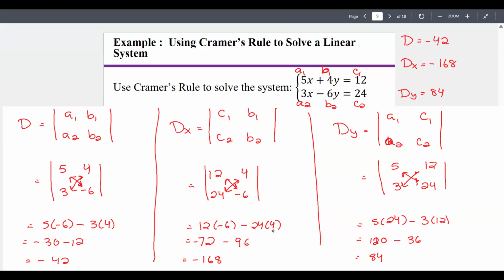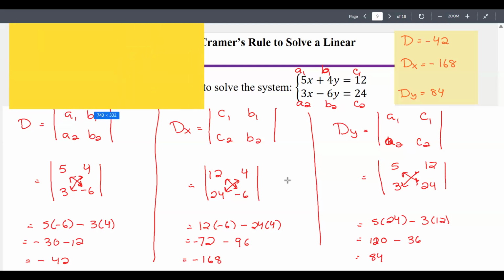Okay, so let me highlight this. This is an important part. We know what d, dx, and dy are, so let's figure out what x and y are. As a reminder, x is your dx over your d.